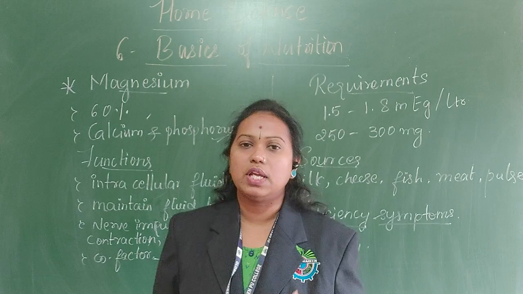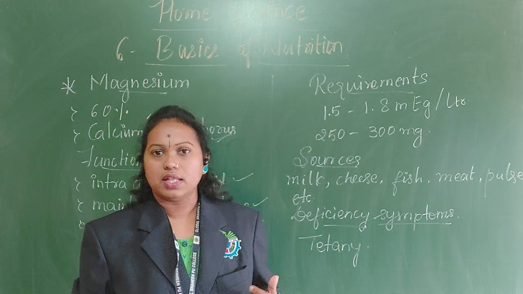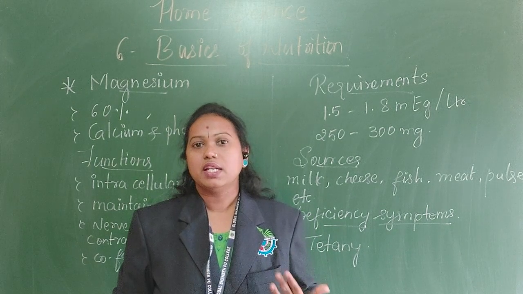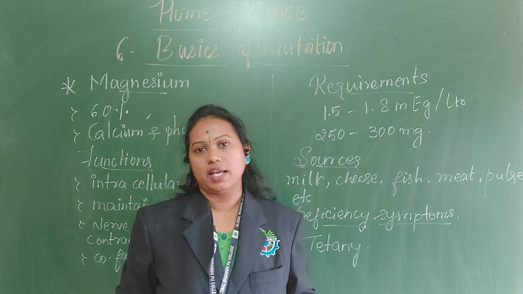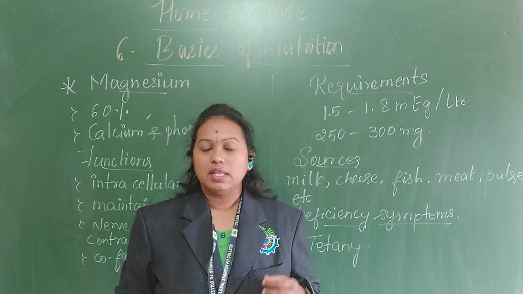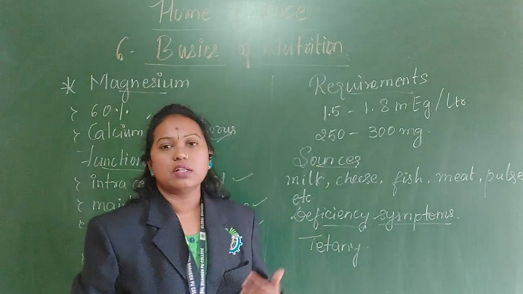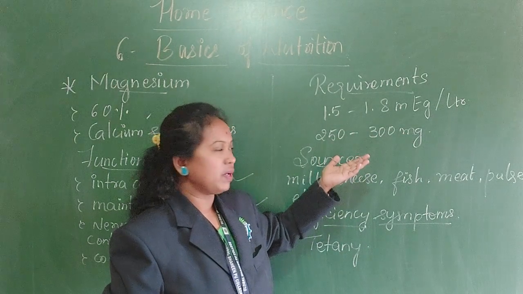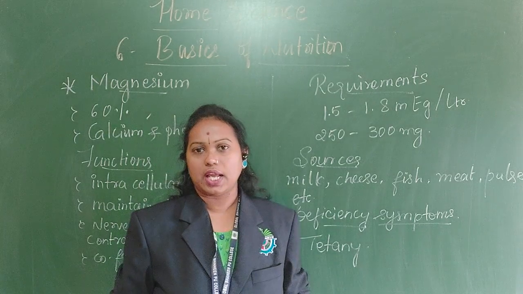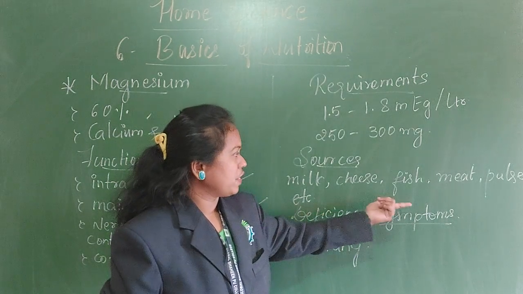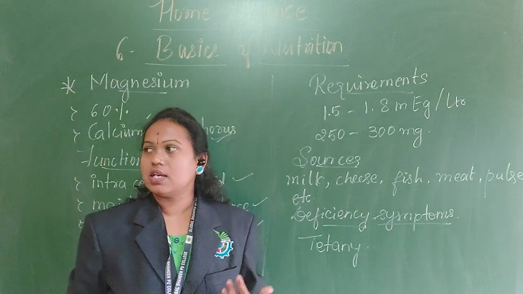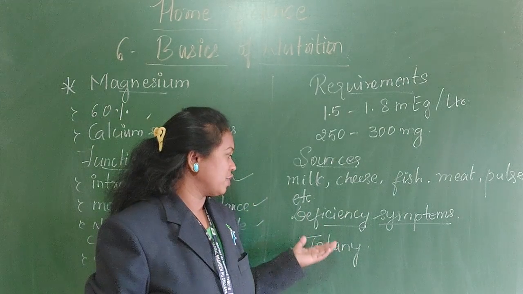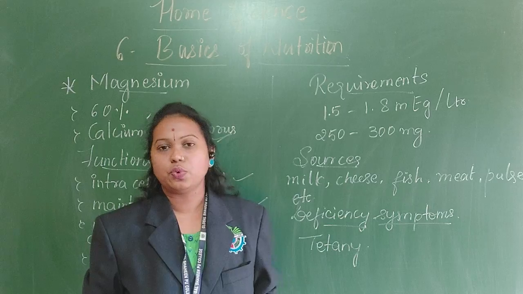It performs a key role in many important biochemical processes, enabling the proper functioning of several enzymes needed for growth, development and energy metabolism. The plasma level is 1.5 to 1.8 mg per liter, and the daily requirement is 250 to 300 mg. Milk, cheese, fish, meat, pulses, whole grains, nuts, etc. are some of the sources, and the deficiency symptoms are very much similar to tetany.